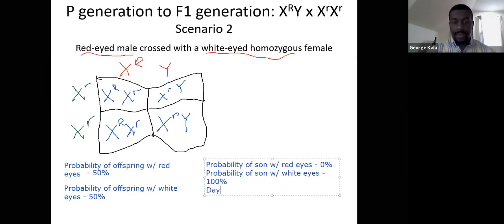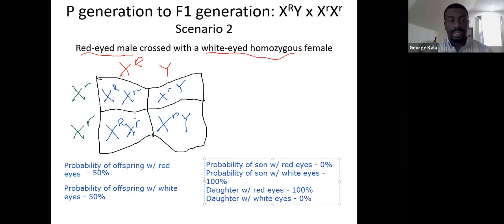And then what about the probability of having a daughter with red eyes? It would be 100%. Good. And having a daughter with white eyes would be 0%. Good. So that's what we would see here.